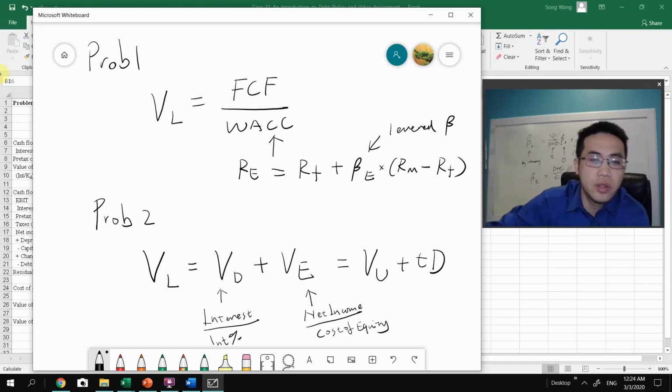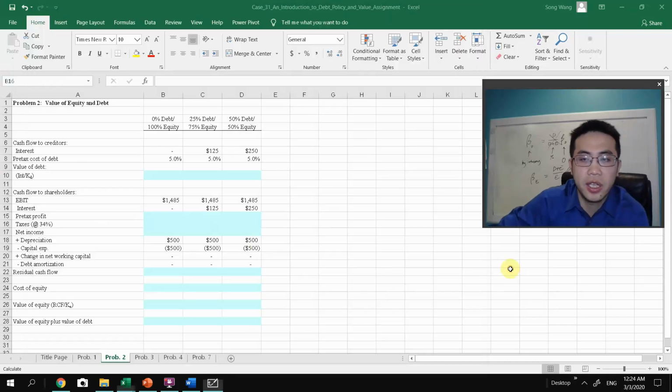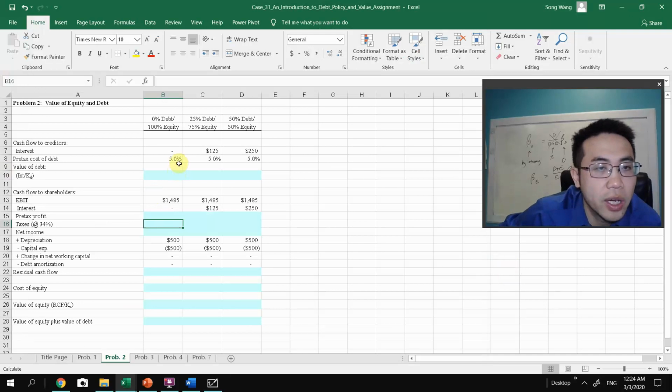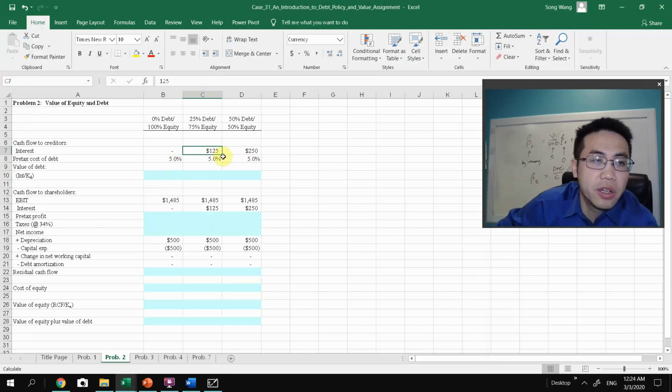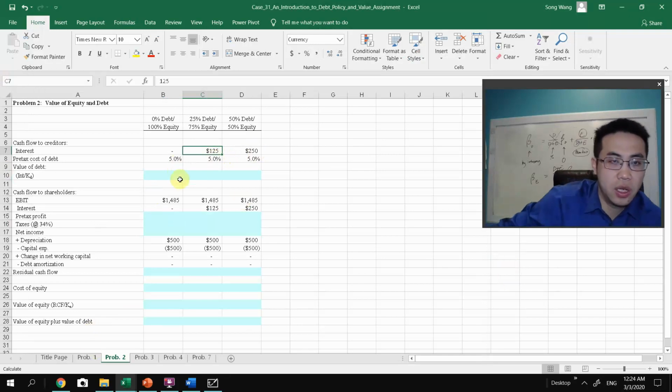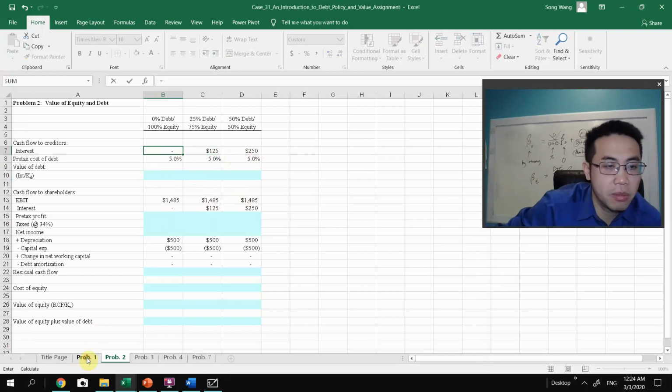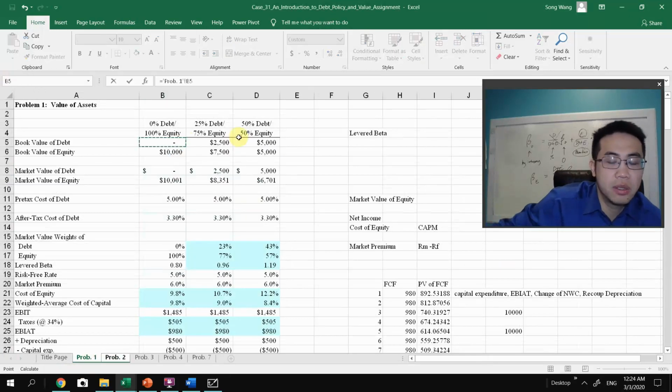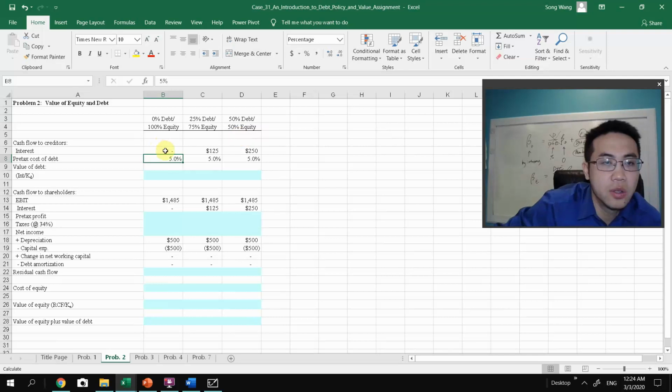All right, so this is what we do in this Excel practice. Right here, you will see that you have interest expenses. Basically, it's generated from your level of debt, so we can use the number in the previous problem. That's a zero amount, so you get a 0.